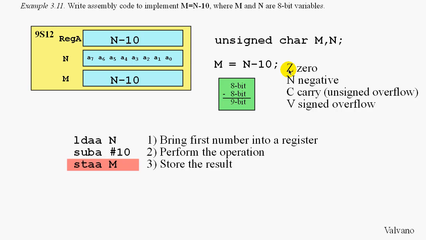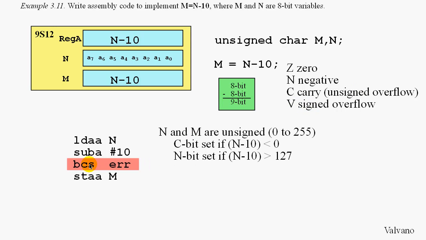They are the Z bit if the subtraction yields a result of 0, the N bit, which is set if the result is negative, or in particular, if register A bit 7 is set. And then we have 2 overflow bits. The carry bit is set on an unsigned overflow, and the V bit is set on a signed overflow.